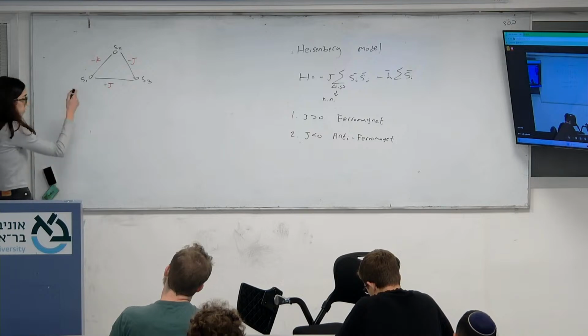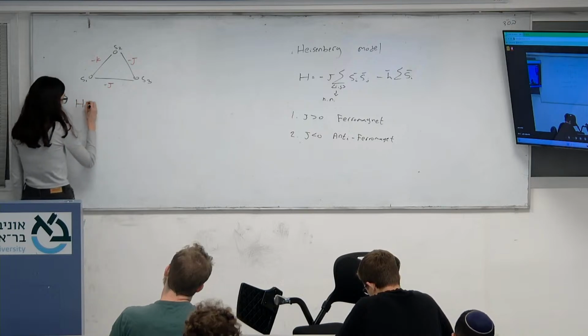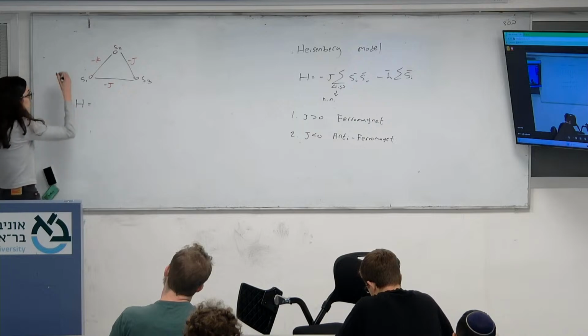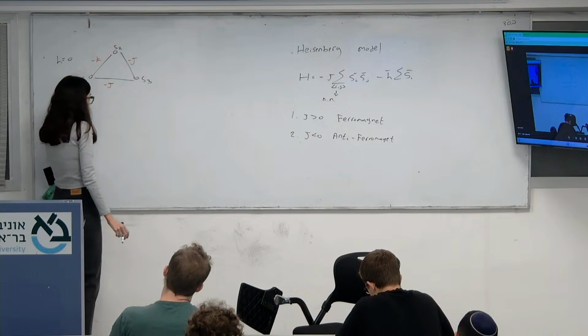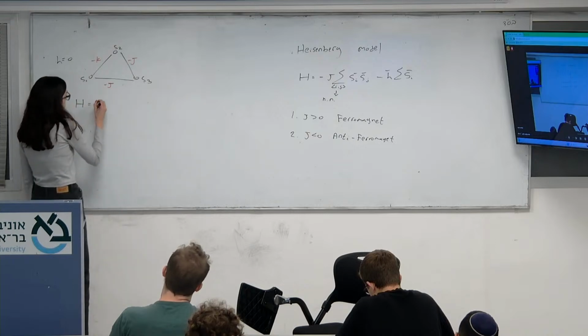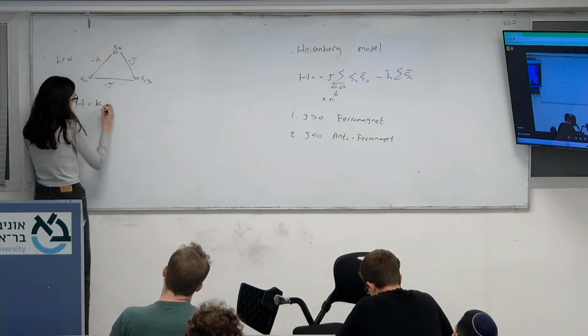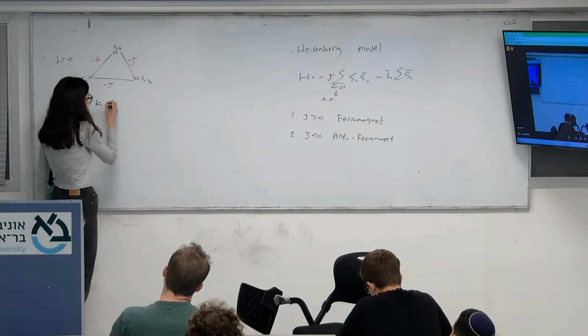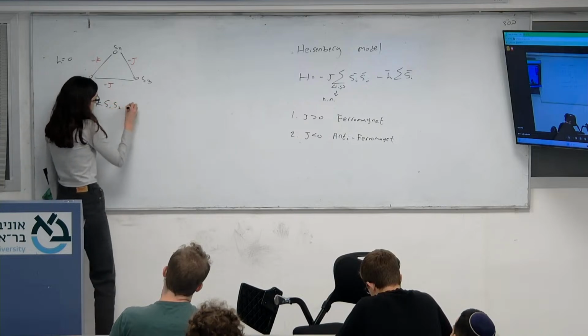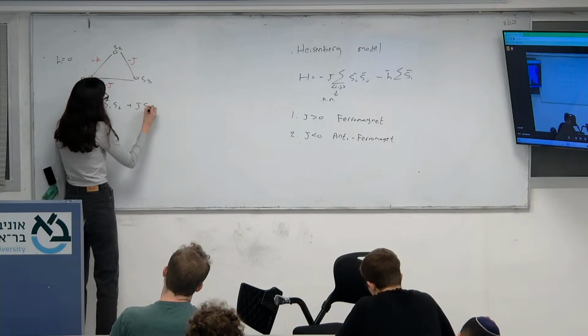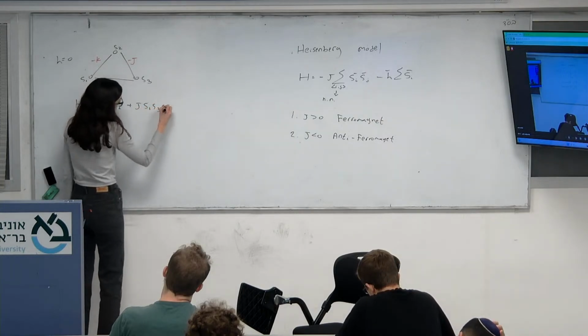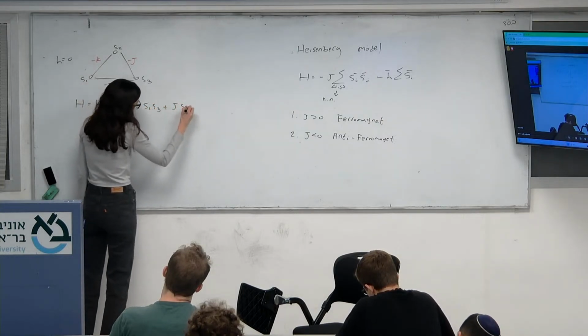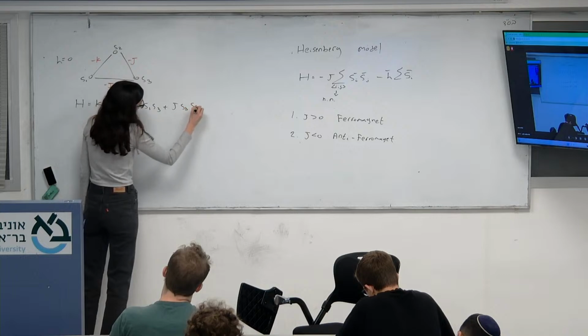So the Hamiltonian of that system, and I don't have any magnetic field, is going to be K multiplied by S1 dot S2, plus J S1 dot S3, plus J S3 dot S2.